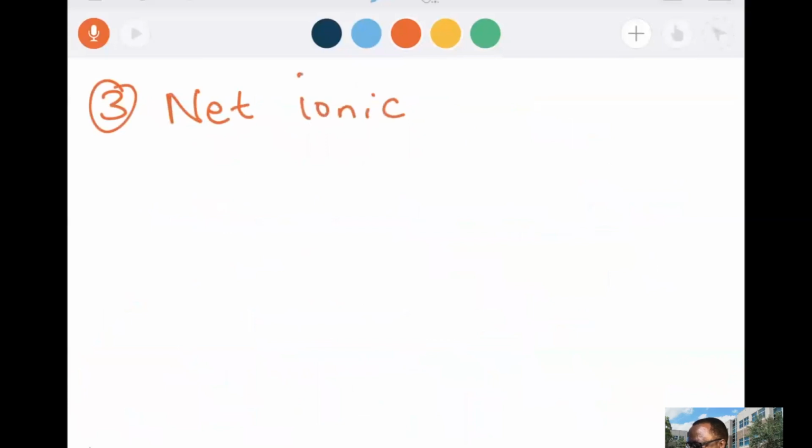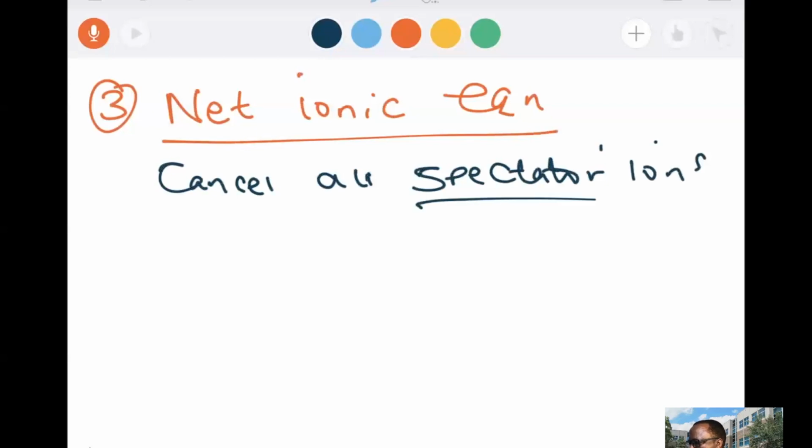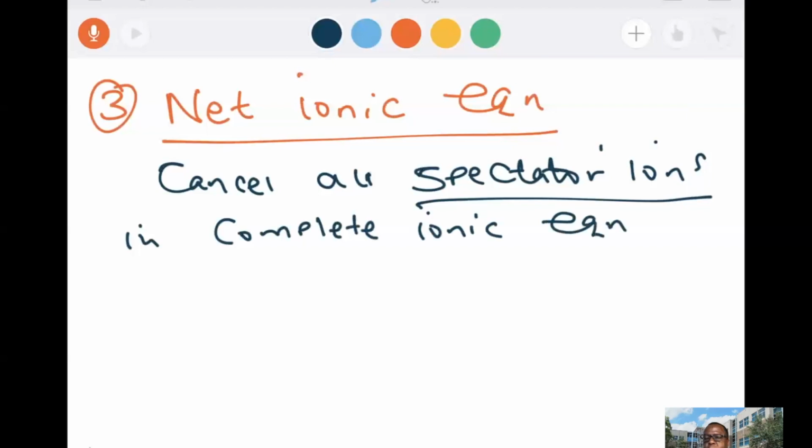Then the third type of equation you need to know is called the net ionic equation. The net ionic equation is generated by canceling spectator ions in the complete ionic equation.